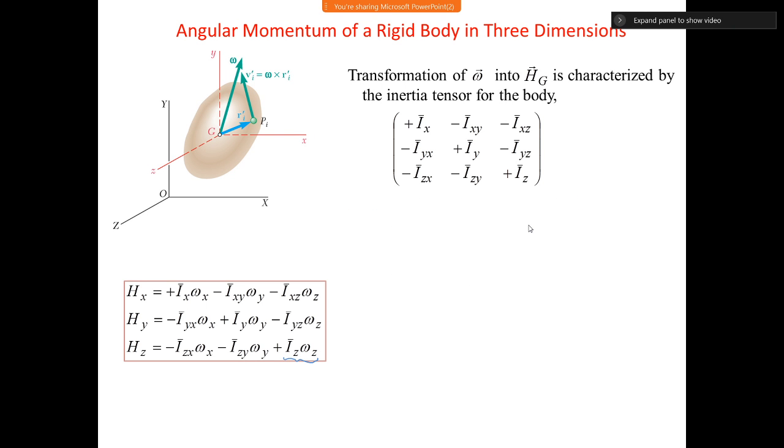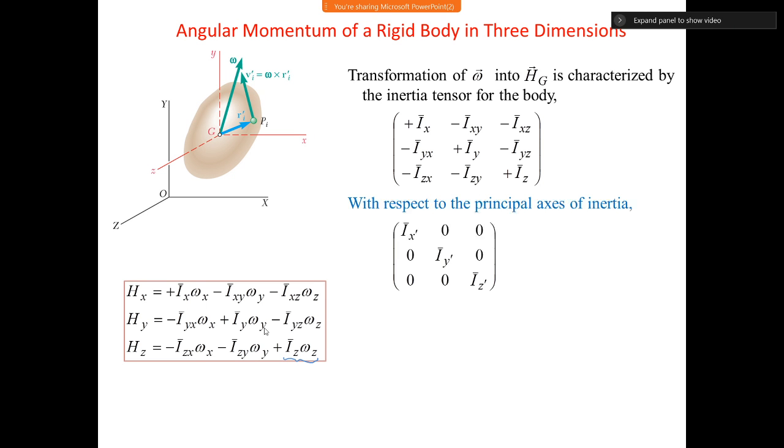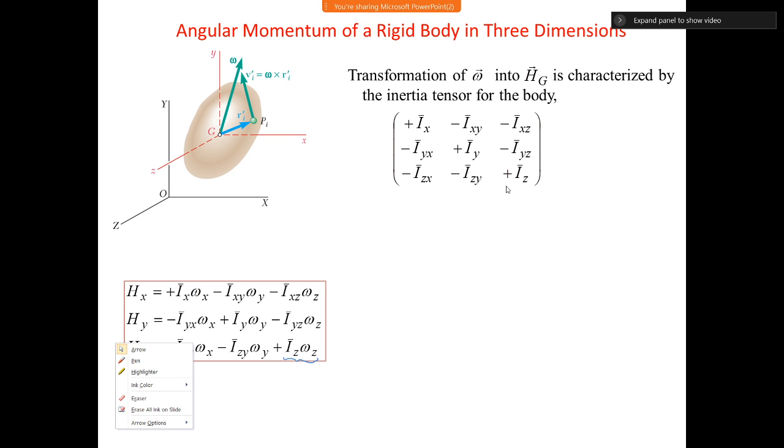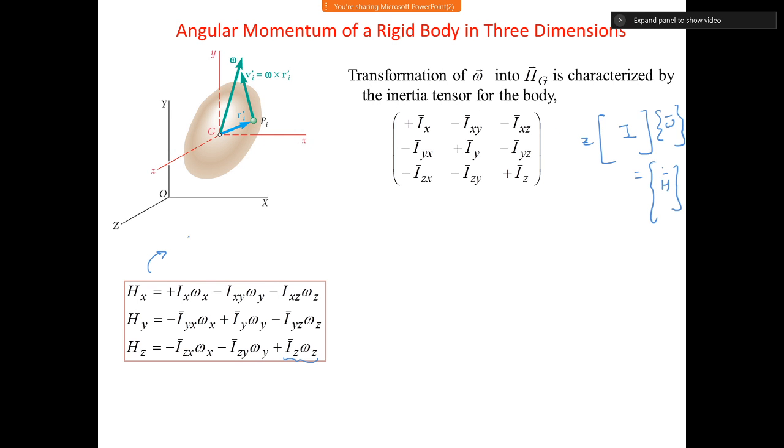So I can write this as I matrix times omega vector is equal to h vector, or I times omega is equal to h. So this equation represents these equations: I times omega is equal to h.